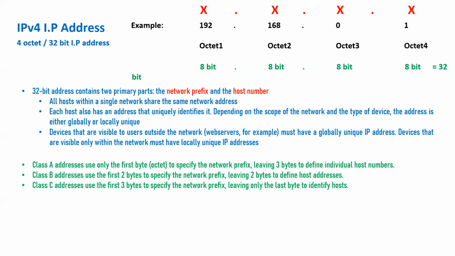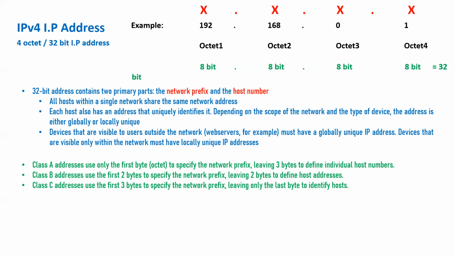Similarly, in a class B address, the initial 2 octets are reserved for the network address, and the remaining 2 are reserved for the host. And in a class C address, the first 3 octets are reserved for the network prefix, and the last octet is available for the host.